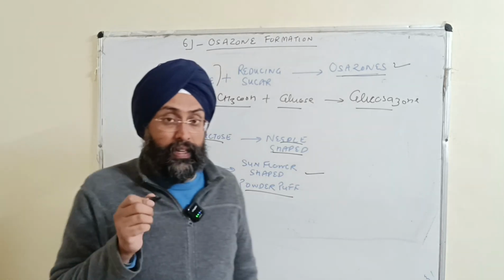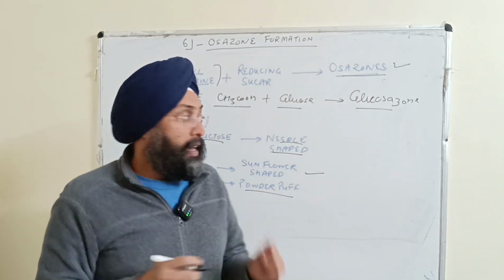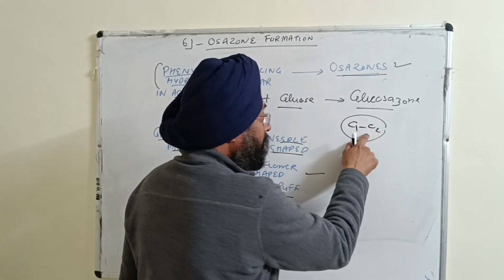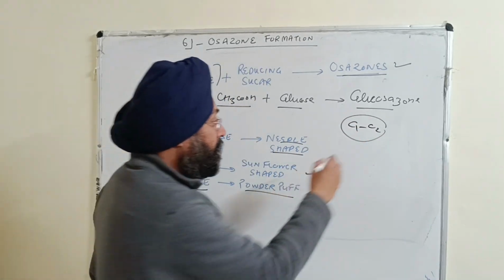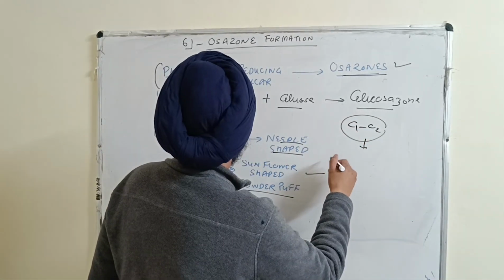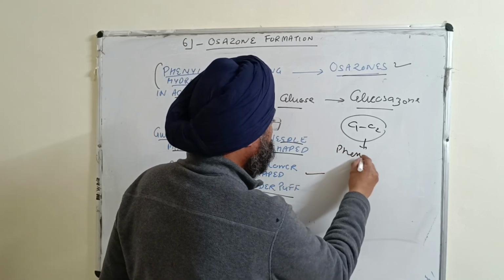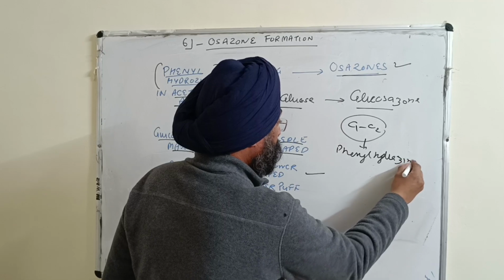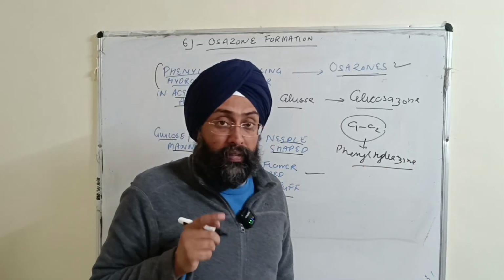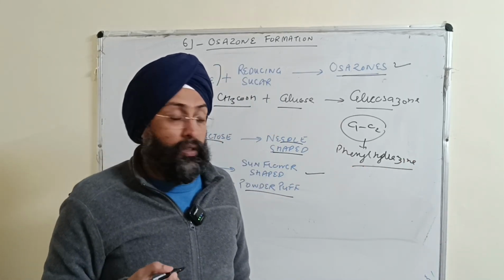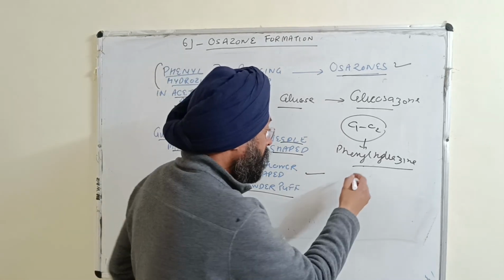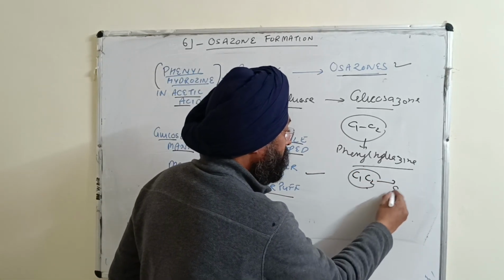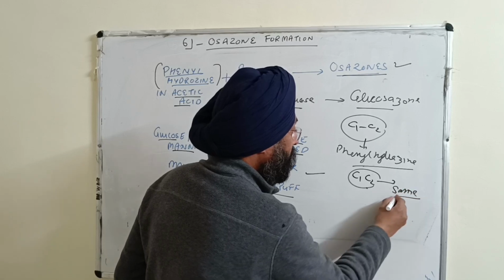And if monosaccharides are different at C1 and C2, but since phenylhydrazine binds here, the difference of carbon 1 and 2 is masked. So if the sugars are different at C1 and C2, they will give the same type of Osazone.